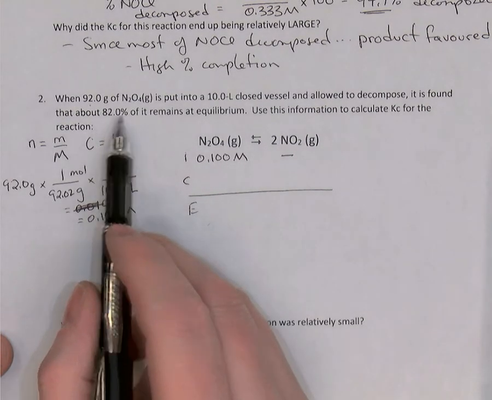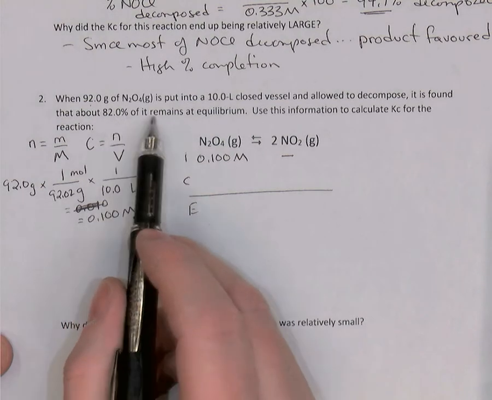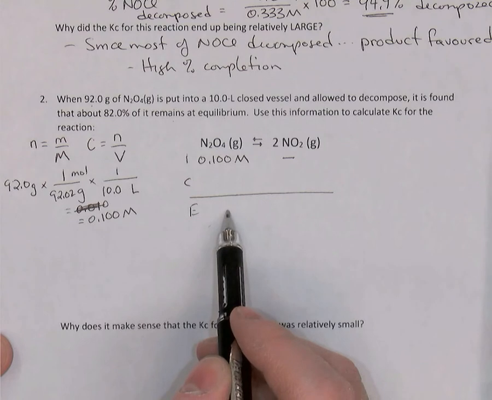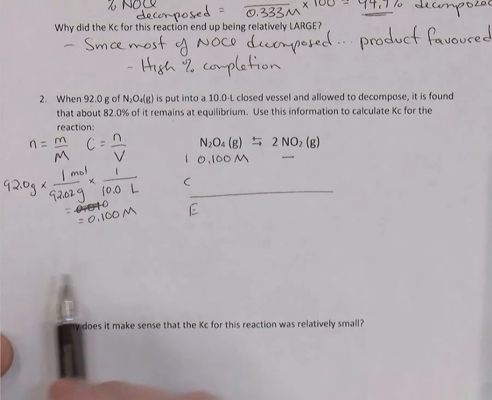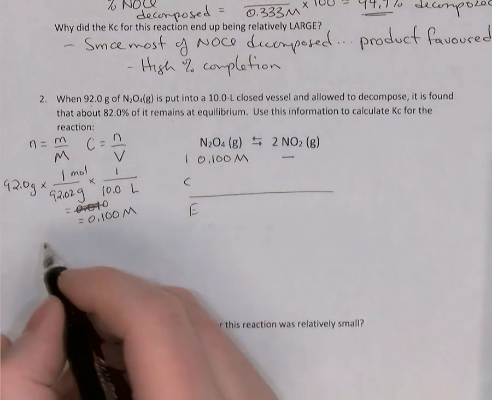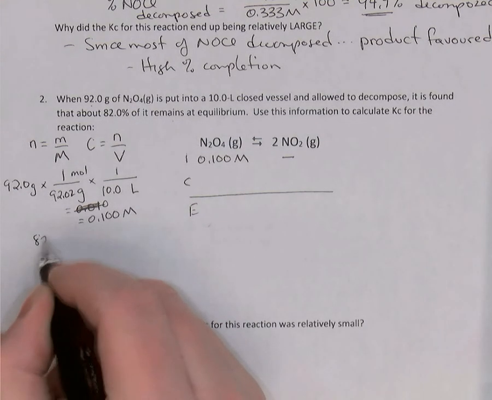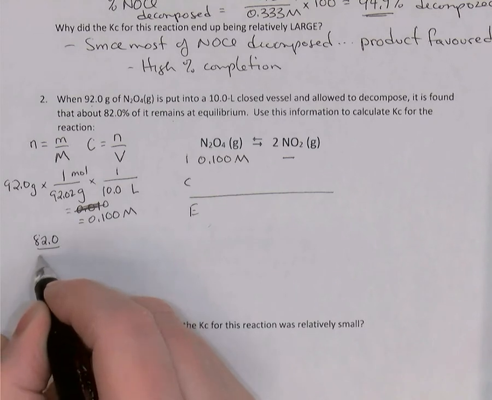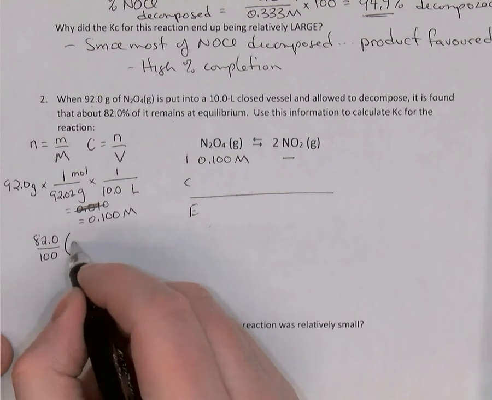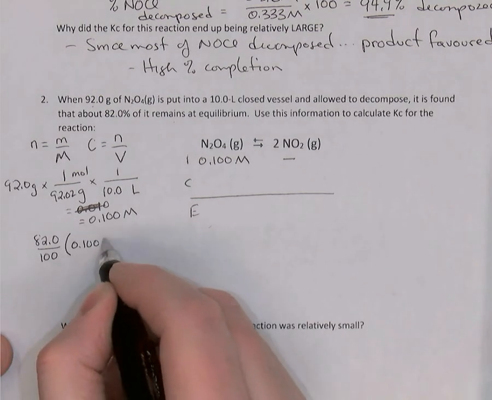Now what do I do with this 82%? Well, it's what remains at equilibrium, so this is what goes in the third line of the ICE table for N2O4. But it's a percentage, and percentages are always of something. So when we say 82%, what we mean is 82.0 divided by 100, that's what percent means, of the starting amount, so of our 0.100 molarity.